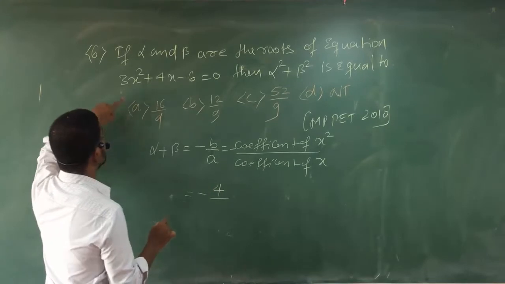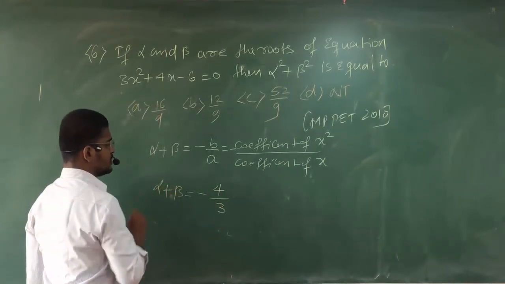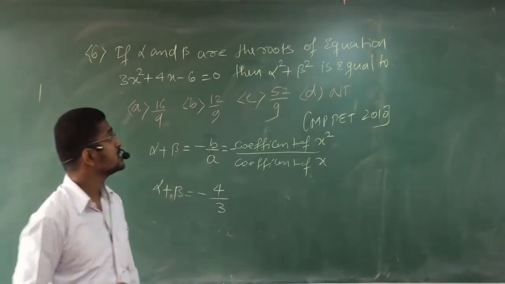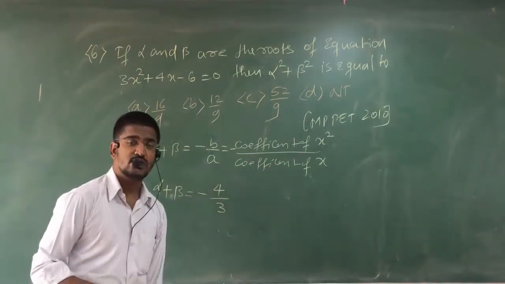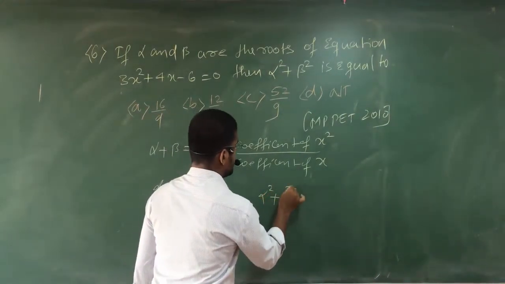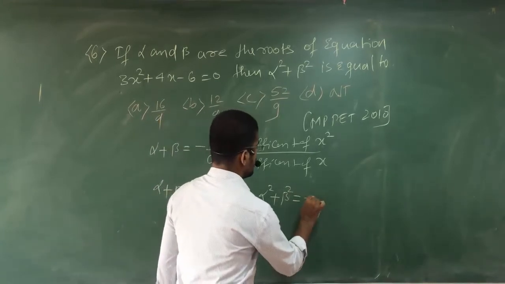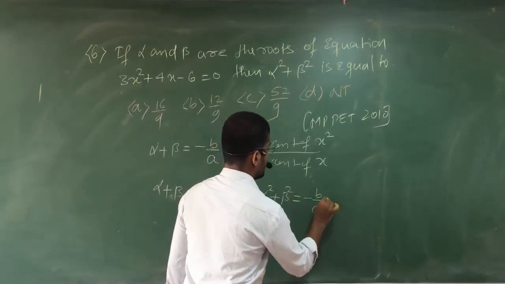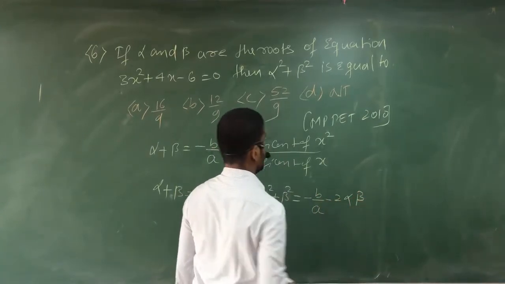What is a? 3. This is alpha plus beta. But what they are asking is alpha square plus beta square. You skip the steps and write alpha square plus beta square equal to minus b by a minus 2 alpha into beta.